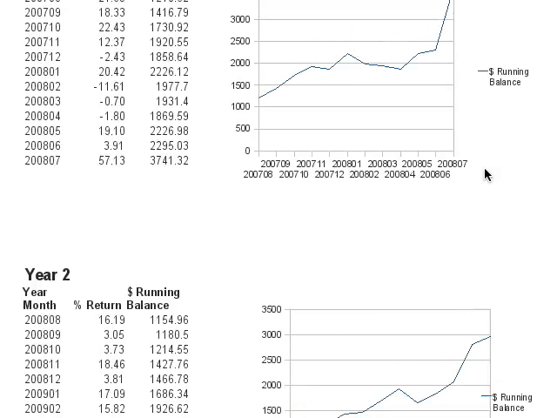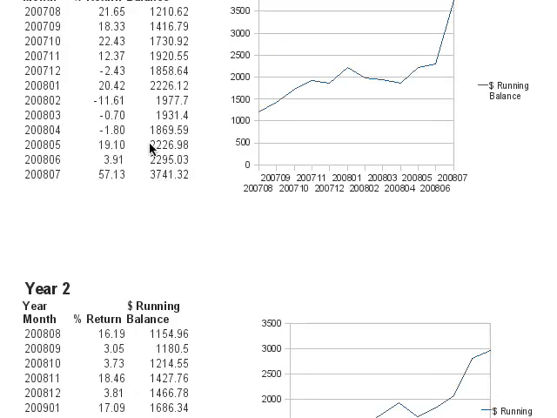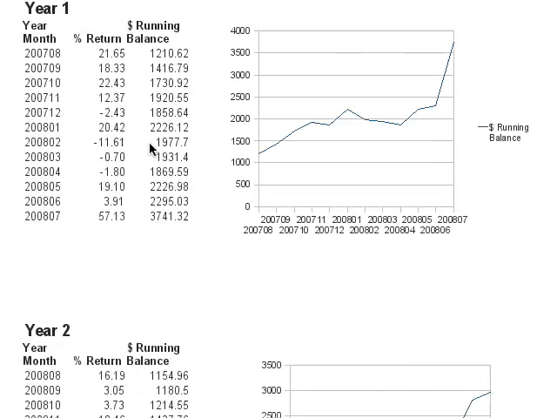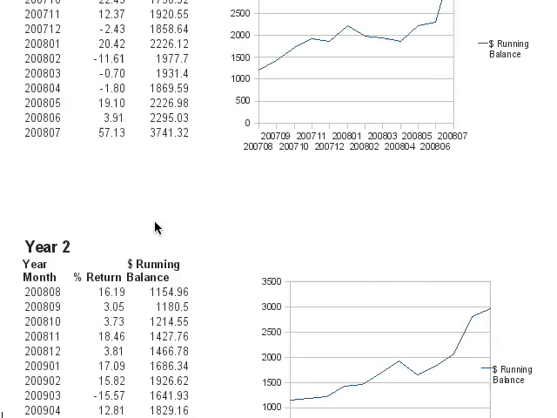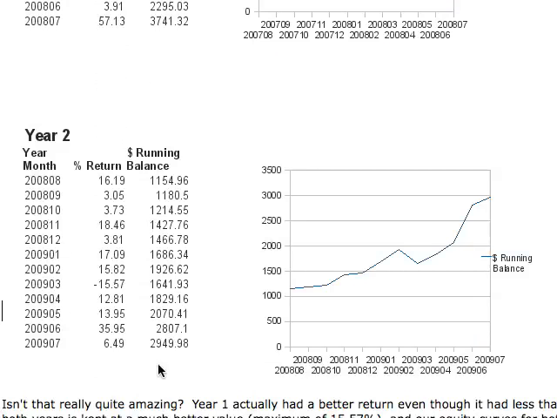Overall, the dollars are about the same. You can see in this second strategy, we started off with 1,000, so we've made about 2,700 there, and about 2,000 there. So that's $4,700 in 2 years.